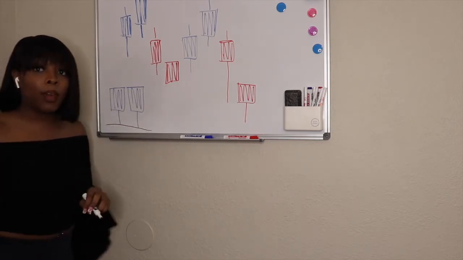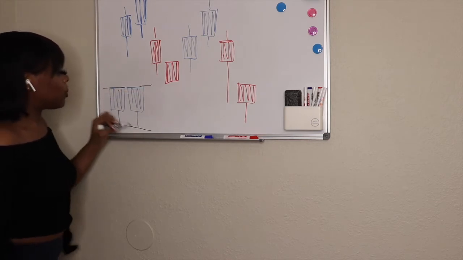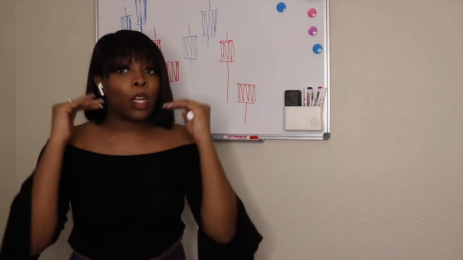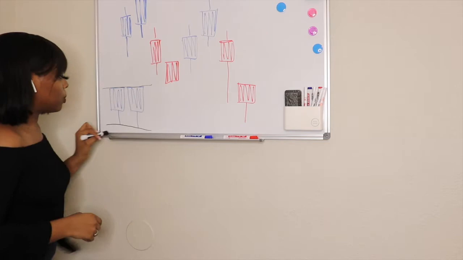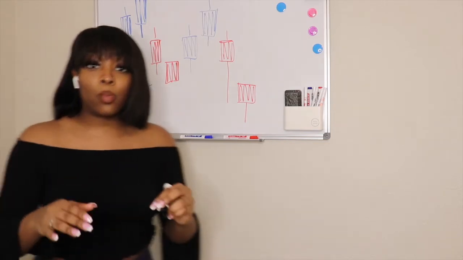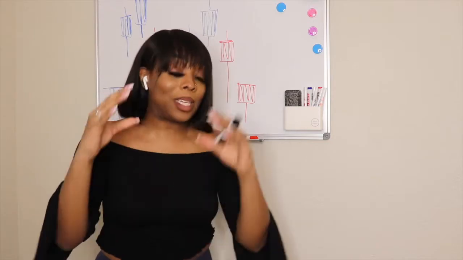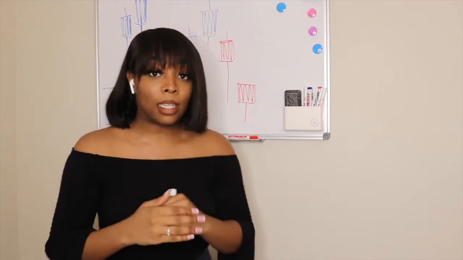That's your support line, right? This is your resistance line up here. Your support line is where the candle is at. It doesn't want to go down below that. Your resistance line is where your candle is like, I want to go past this line, but I'm just going to stay in this area. That's your support and resistance lines.